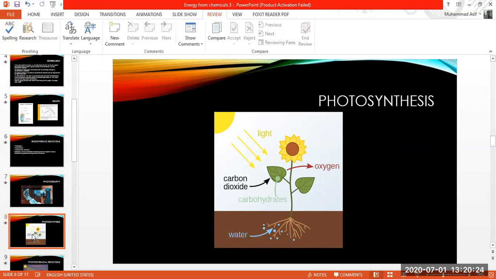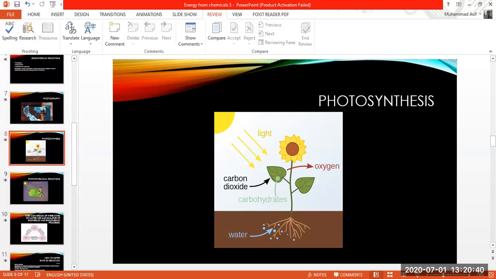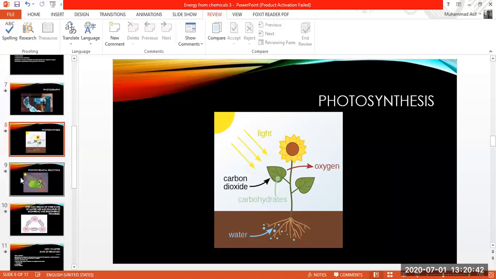As light is essential for this process, it means that by the absorption of light energy, photosynthesis takes place. That's why photosynthesis is also an endothermic process.